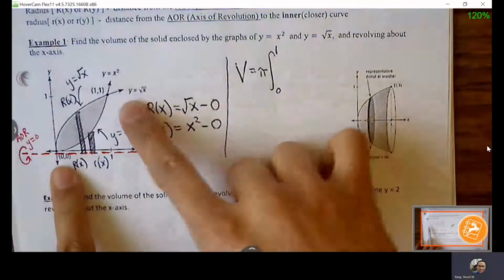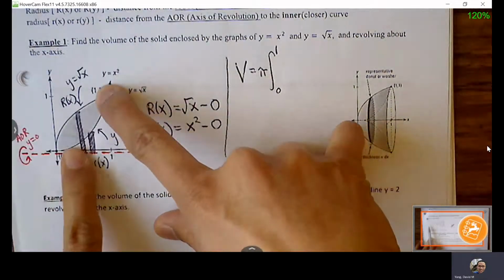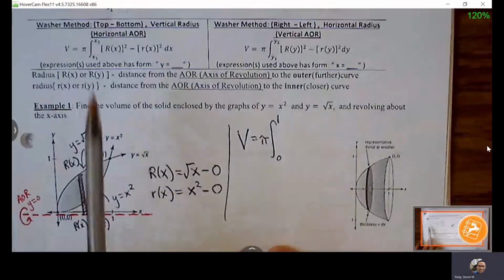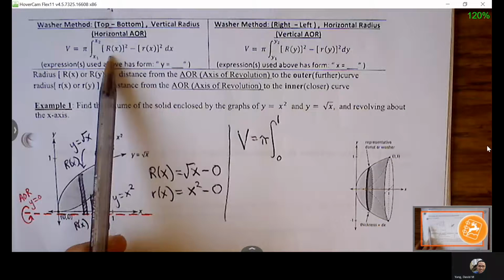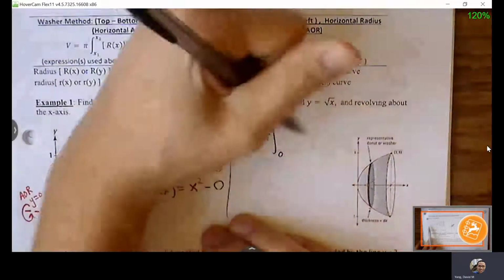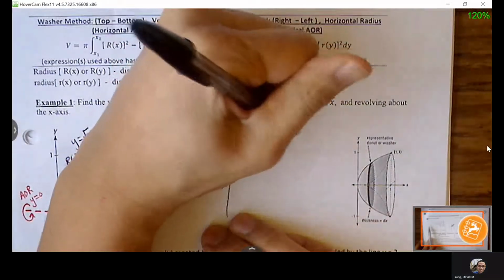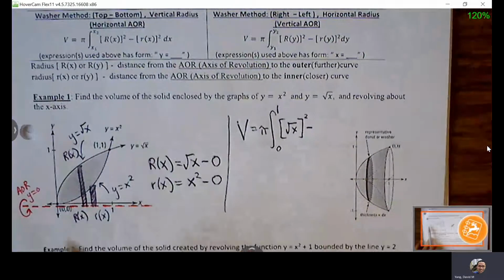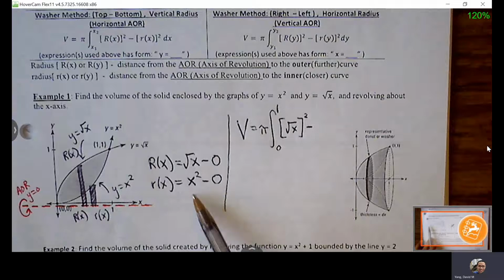We're looking at the x values here, from 0 to 1. Okay, let's see what the formula says. Big radius squared, so we're going to square our big R, minus little radius squared.